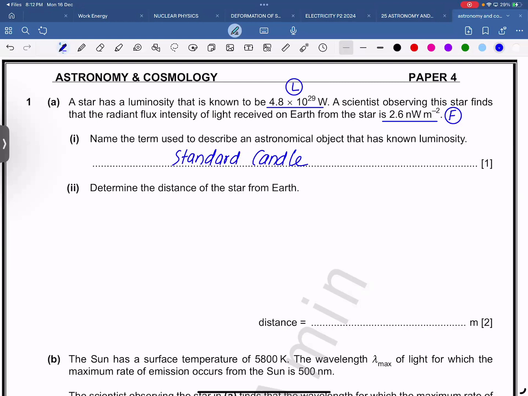So we know F equals L over 4 pi d square. Rearrange, so d will be the square root of L over F times 4 pi. Substitute the values.